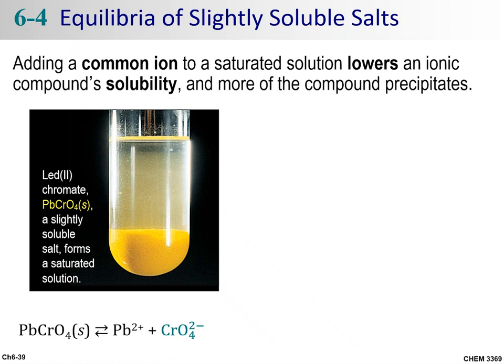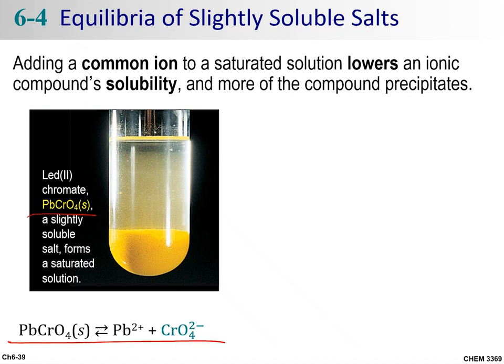So if you have a solution of lead chromate, this is a slightly soluble salt, and in saturated solution, the precipitate has this nice yellow color. This is the dissolution reaction right here.